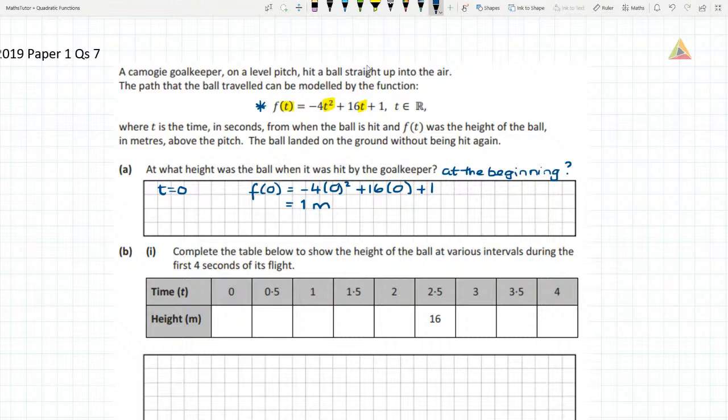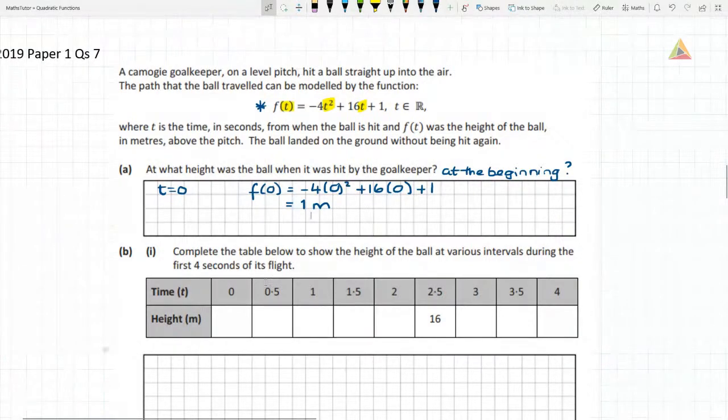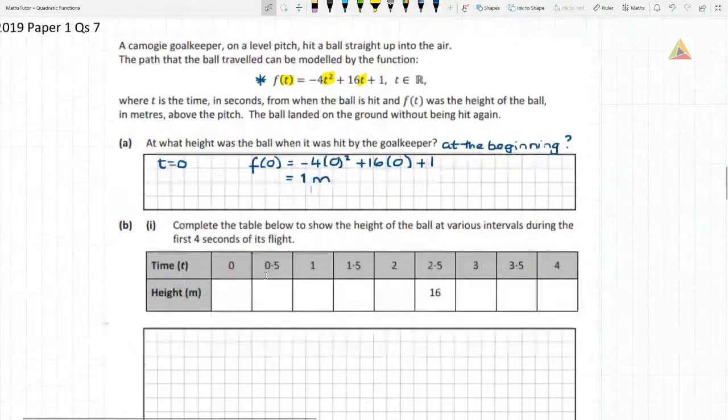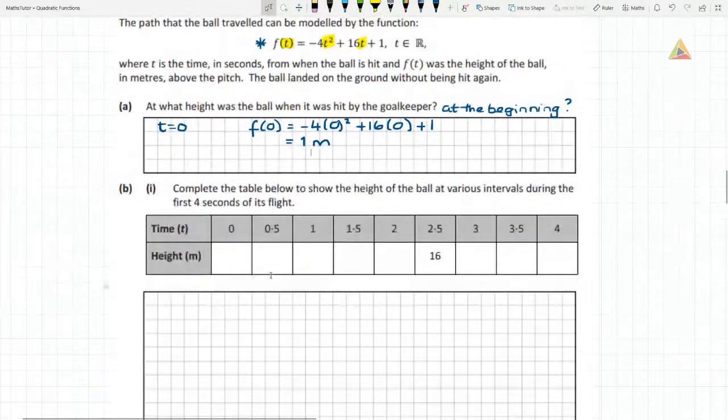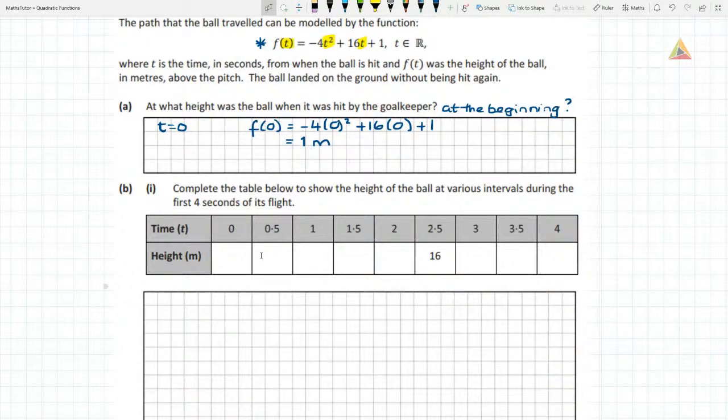The second part of this question then says, complete the table below to show the height of the ball at various intervals during the first 4 seconds of its flight. Now they've given us space to work them out this time, but we're still going to do it on our calculator. What's a little bit different here is that my function is given in terms of t, but I'm still going to put it into my calculator as x's.